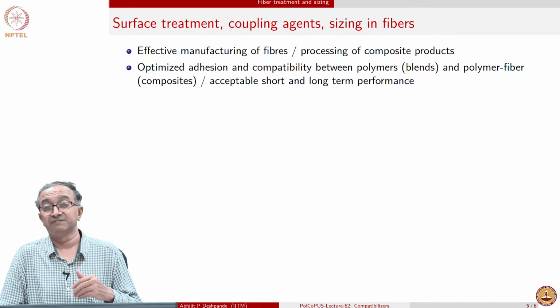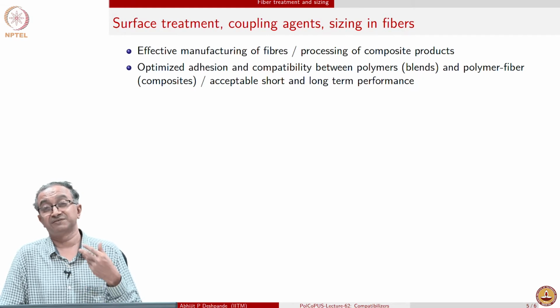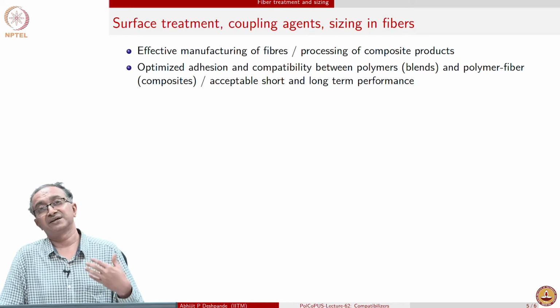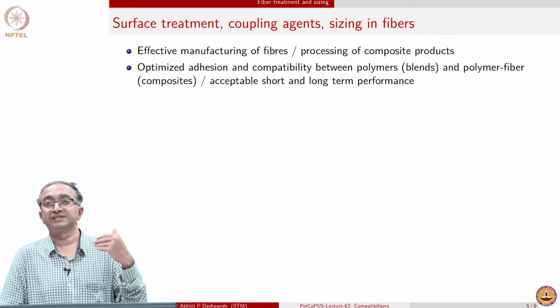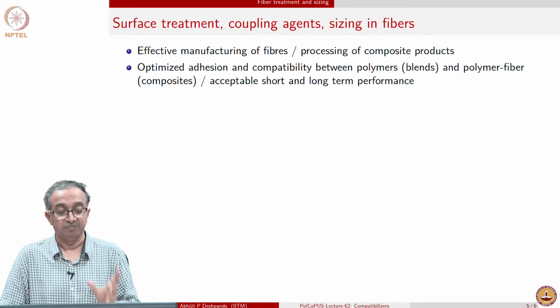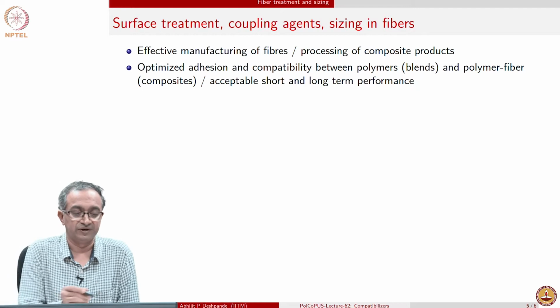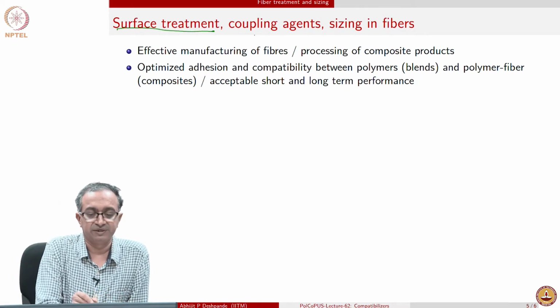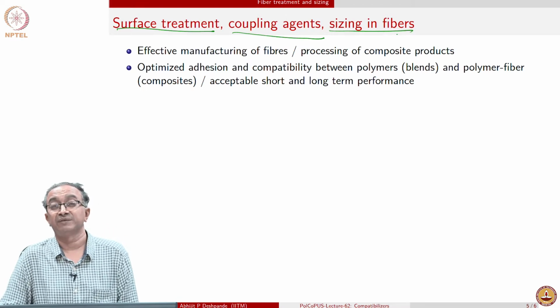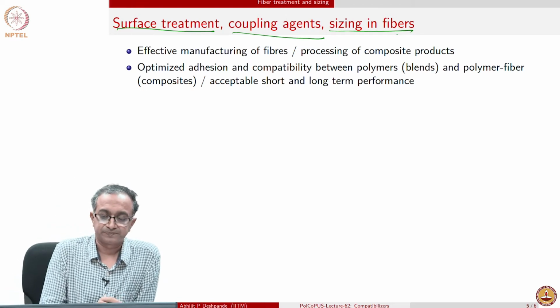Given that we are incorporating fiber, and as we also discussed, the fiber size has to be smaller so that defects are minimized, but at the same time handleability of fibers is also an issue. So, generally a few microns is what is used, but along with the fibers we do surface treatment. We can add coupling agents, or what is called sizing can be applied on the fibers.